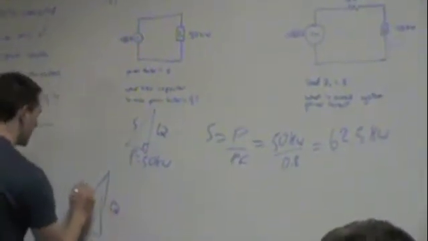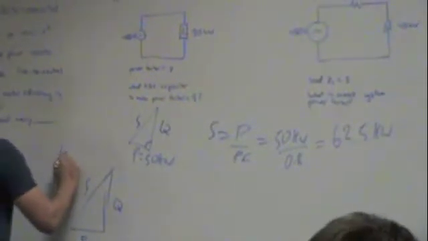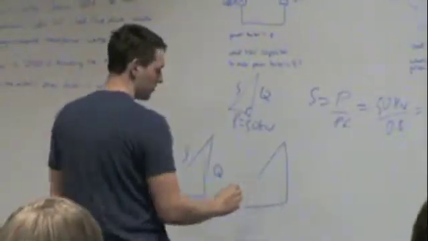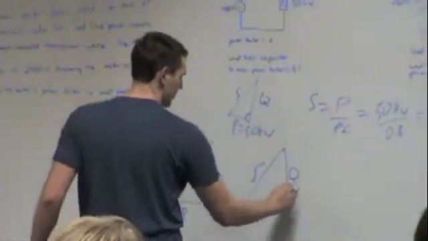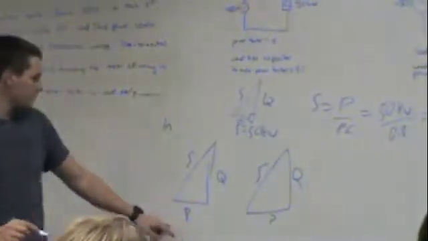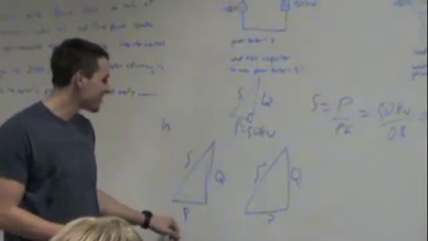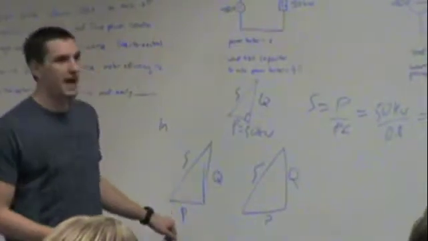Okay, so what we're doing is we have P, Q, S, and this is our initial triangle, and this is our final triangle, S, Q, P. We know that when we add a capacitor into the circuit, it's an ideal capacitor, so the real power is not going to change at all.